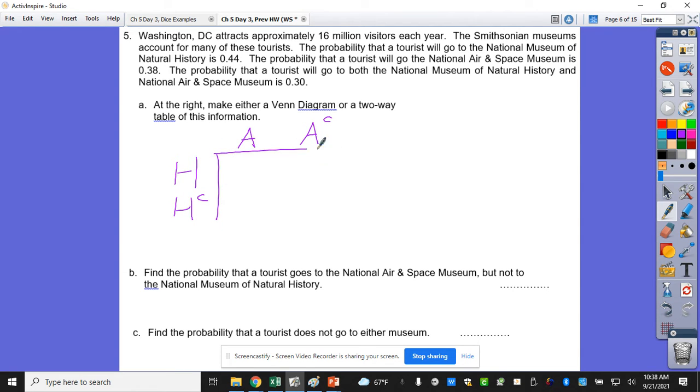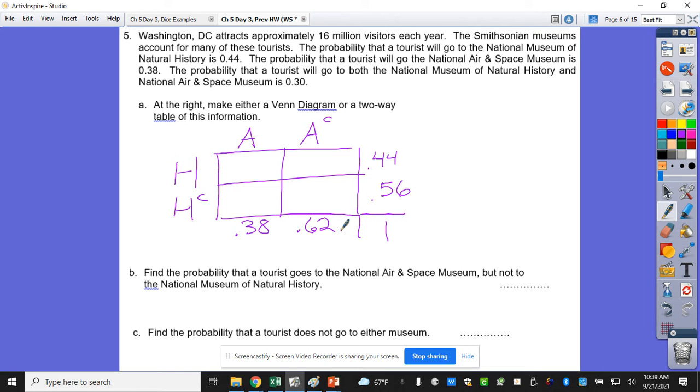It gives it to me as decimals, which means my overall total should be what? 1. That's my 100% there. It says 44% do go to the history. So that is an overall total for history, which goes here, which means how many don't? 56. It says 38 do go to the air and space, which means how many don't?